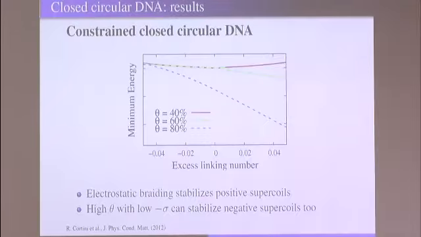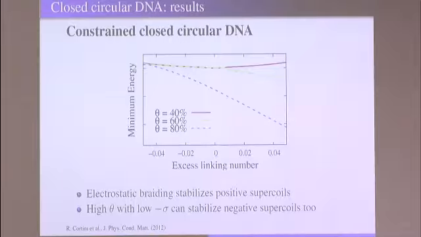And the threshold for this electrostatic stabilization starts from the positive excess linking number, because this mechanism favors positive supercoils, but if theta is high enough, then stabilization might occur also for negative excess linking number.